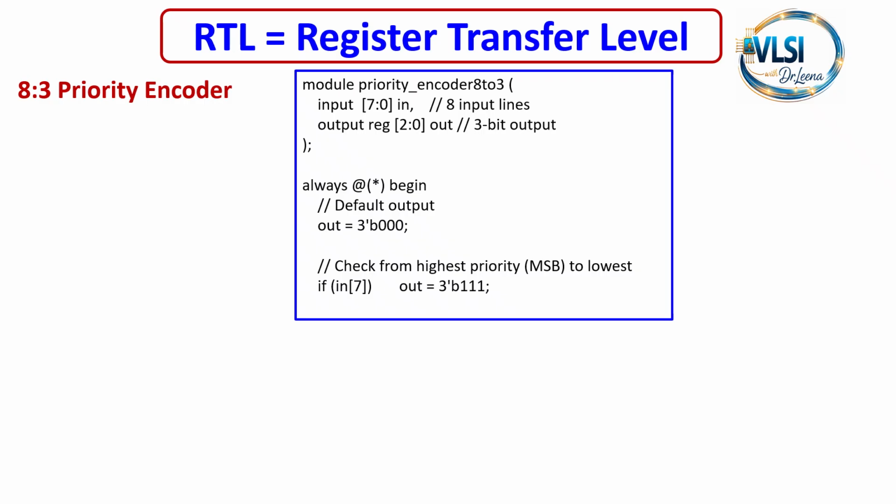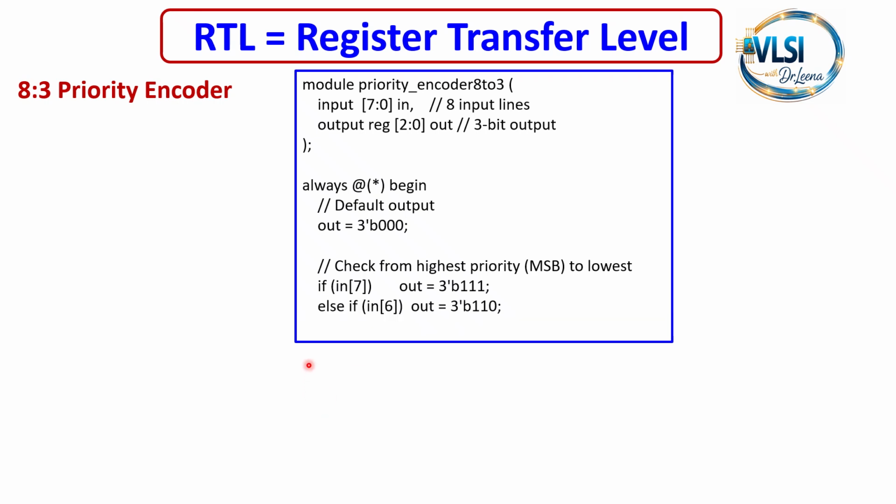And if IN7, out is equal to 3-bit binary 111. This is, if IN7 is high, then the output is 111, the binary of 7. It has the higher priority and it will be selected. The next one is else if IN6, out is equal to 3-bit binary 110.